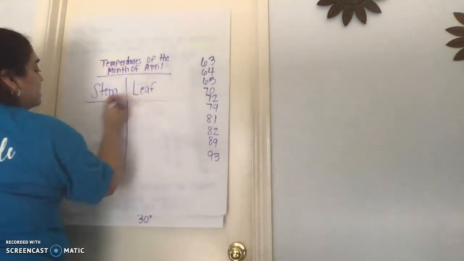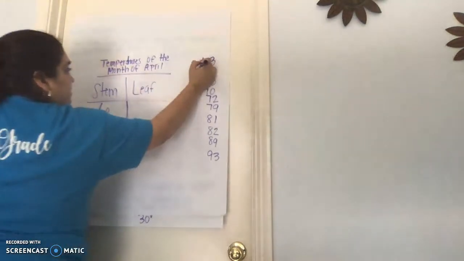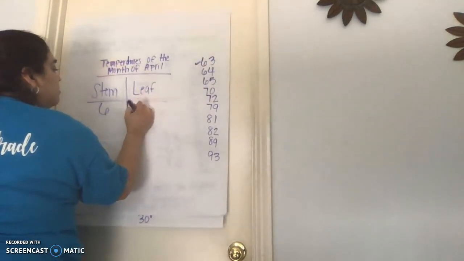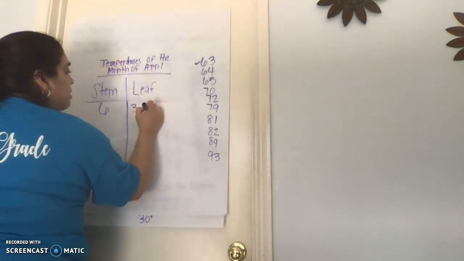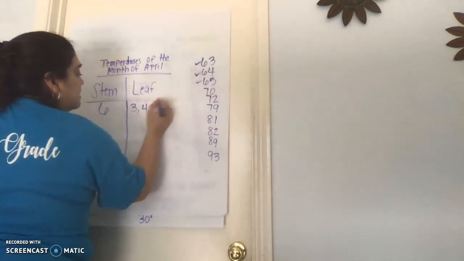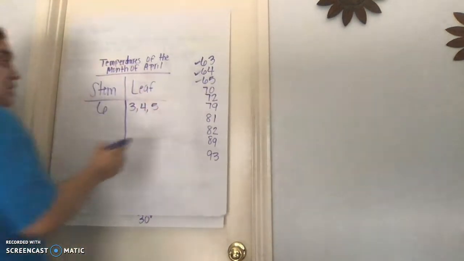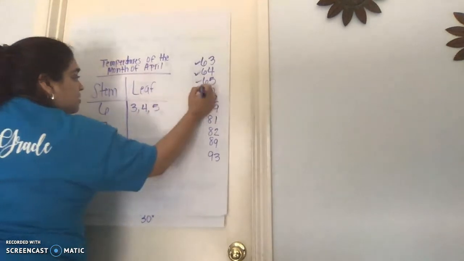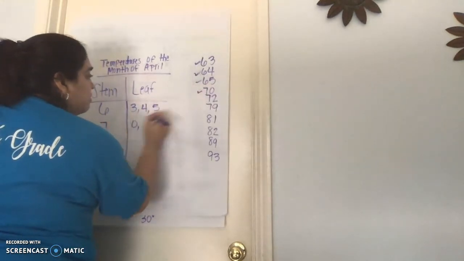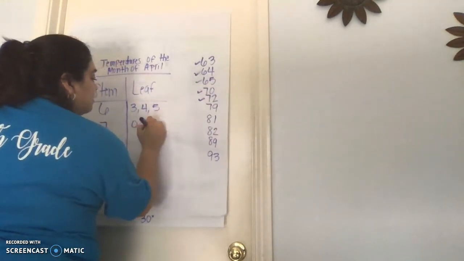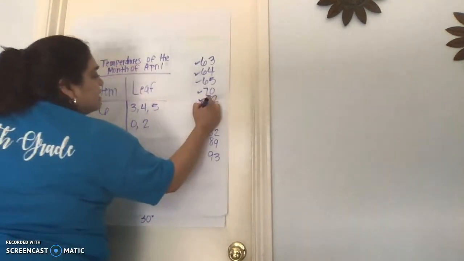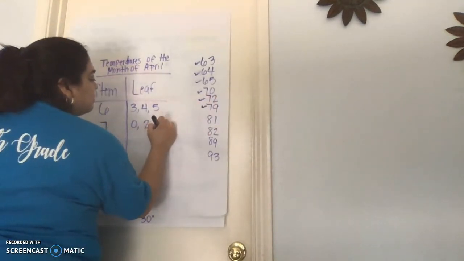So I'm going to start with the 6. I have a 63, so I put a 3, 64, 65. Okay, so that's how you would list them. Now I have 70, so I see 0, 72, so I'm going to put a 2 right there, and then I see the 9.